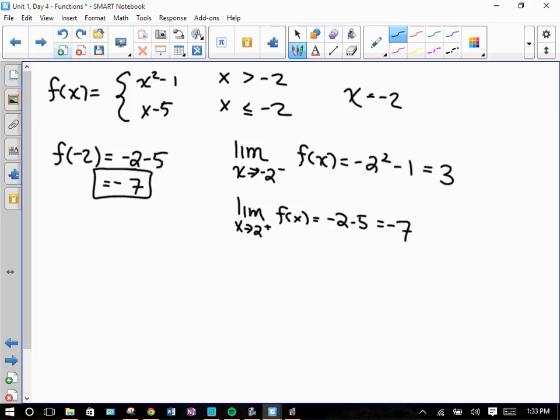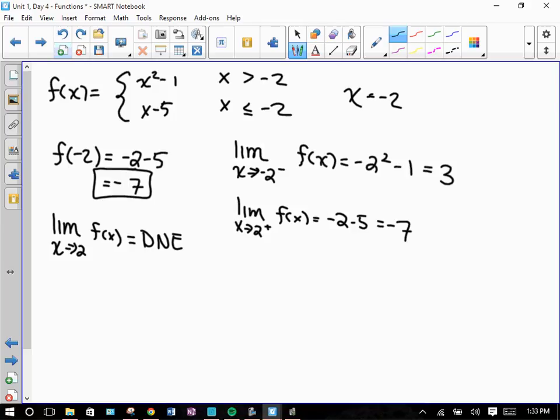What does that tell us about the overall limit? The left-hand and right-hand limits are not the same. The function is not going to one specific value, so the limit does not exist. The limit as x approaches negative 2 does not exist because the left-hand and right-hand limits go to 2 different places.